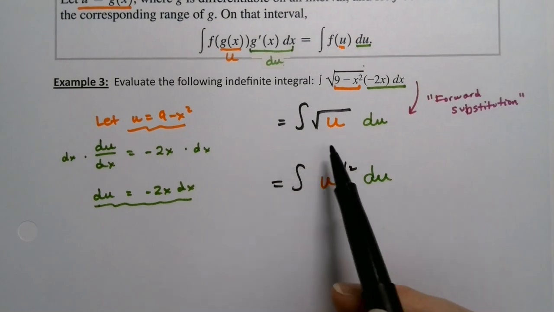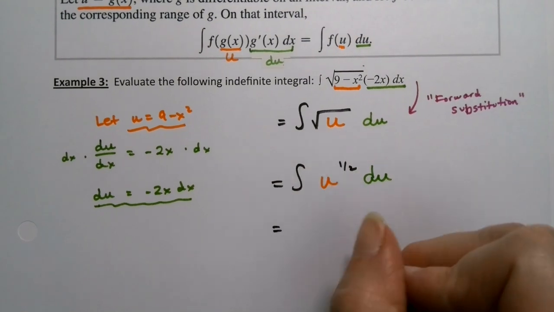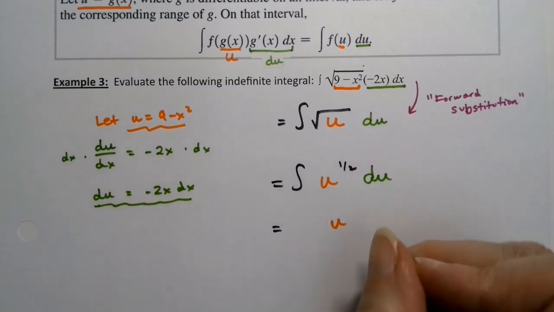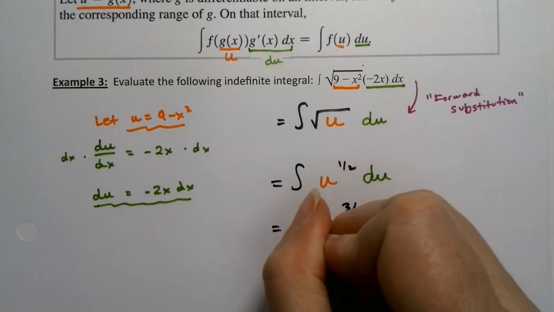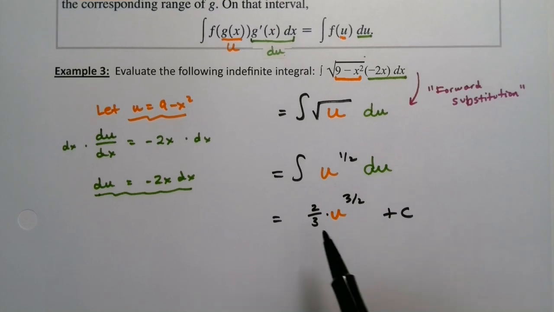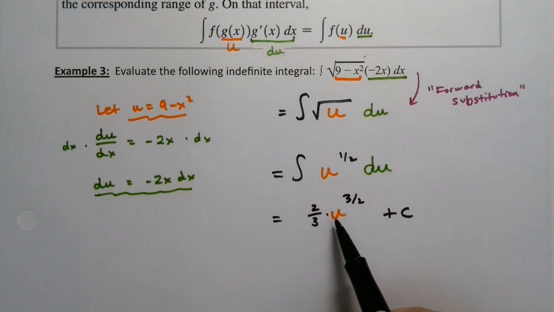All right, so then, well, u to the 1/2 power, I would just raise it. So u to the 3/2 multiply by the reciprocal of my new power, 2/3, plus c, gotta love my constant of integration, wonderful. You can't box that because that's not the right answer, because that's still in terms of u.